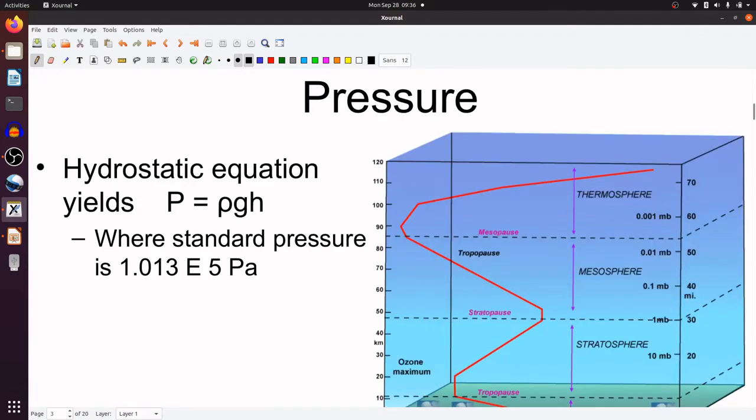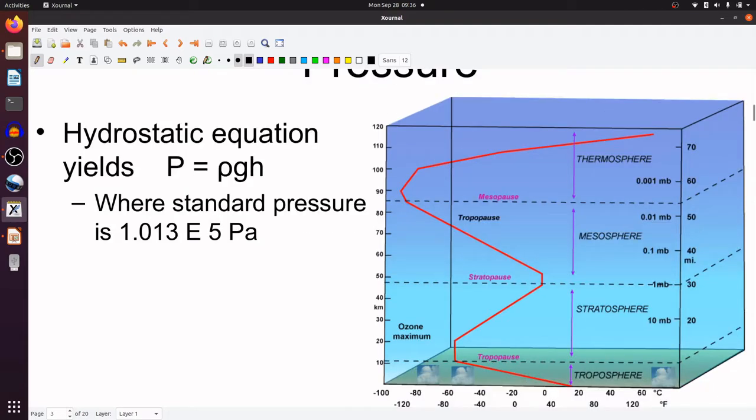All right, now new stuff. Pressure. Basically, we have a new equation. It's the hydrostatic equation. I can show you sort of where it might come from. We learned last chapter that pressure was equal to force divided by area. And we know that in the atmosphere, your force is simply your weight, divided by your area.